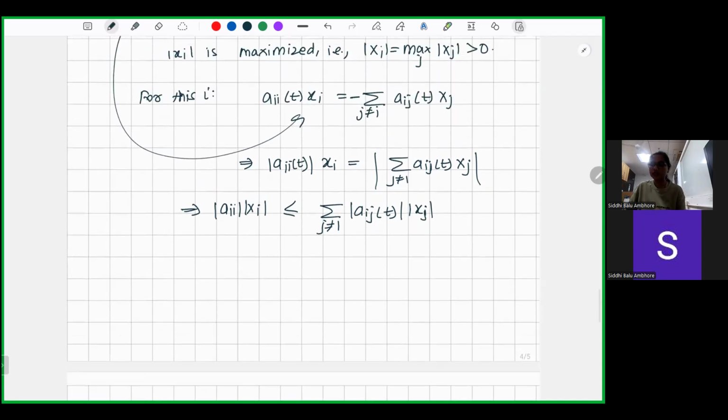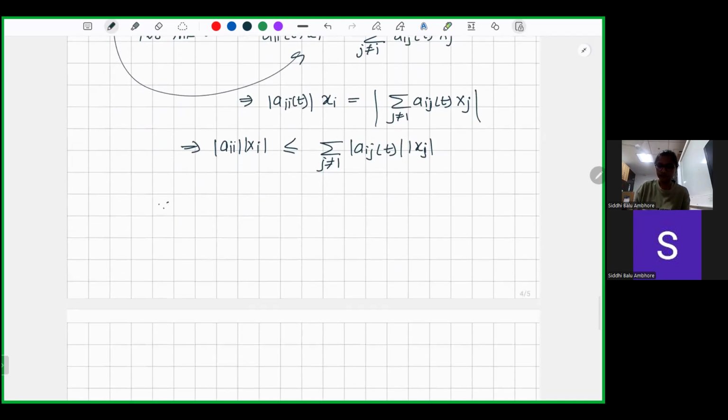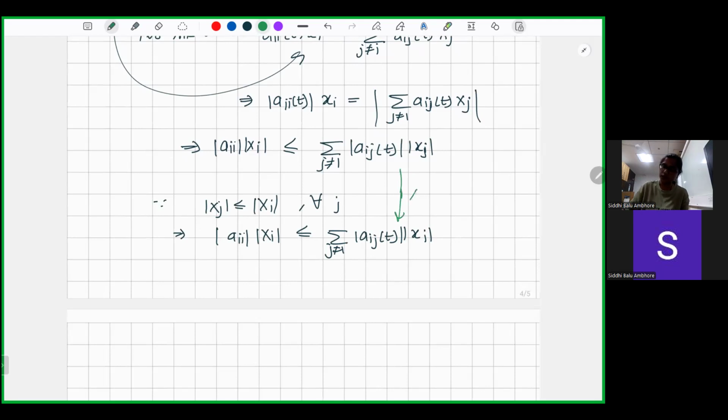And since we know this is the maximum, mod x_j is less than or equal to mod x_i for all j, this becomes a_{ii} mod x_i is less than or equal to the summation over j not equal to i of mod a_{ij}(t) times mod x_i. Now we are going from here to here with this inequality.